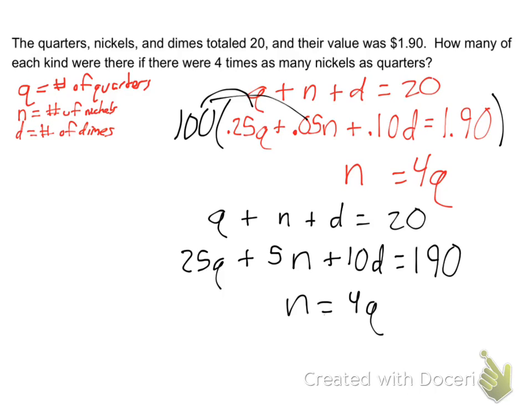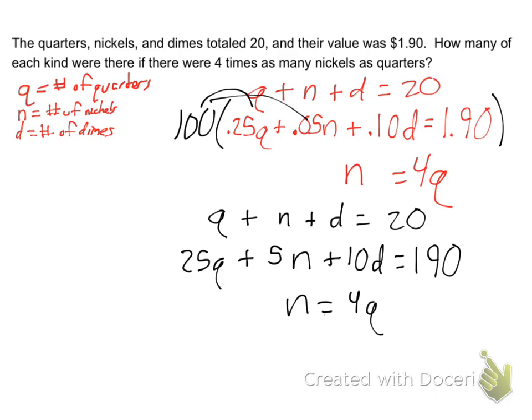Now we have all nice numbers, guys. We have options here. I could technically bring the Q and the N to the same side, and I would have three equations with 3 unknowns, which allows me to use substitution or linear combination.